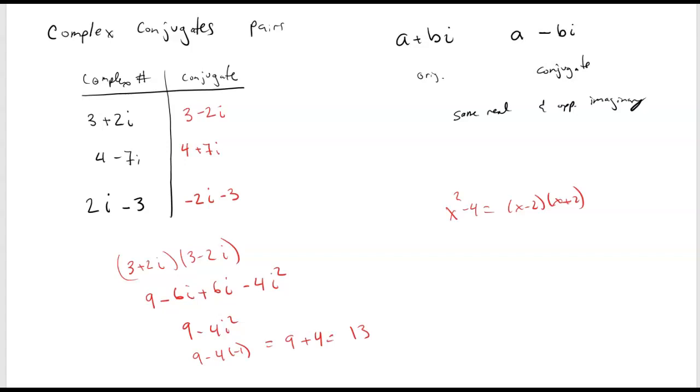And why is this so important? Well, we've added, we've subtracted, and we've multiplied. The only other thing that we have not done is divide. So our last example, right, would be something like this. So we'll say 3 plus 4i all over 1 minus 2i. And I want us to write this in standard form, again, a plus bi. Well, here's our problem.